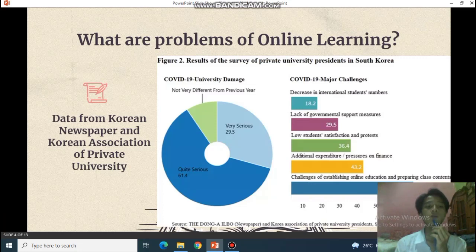This is the data from Korean newspaper and Korean Association of Private University. The result of survey of private university presidents in South Korea. COVID-19 university damage.